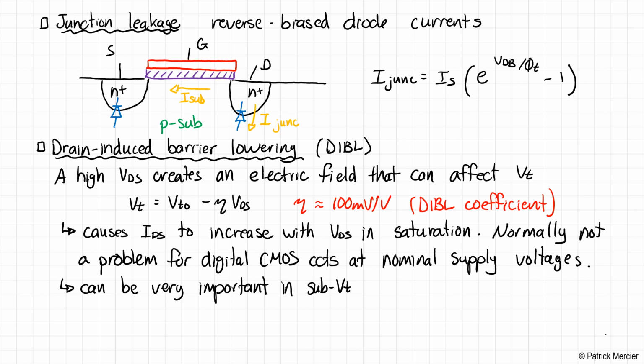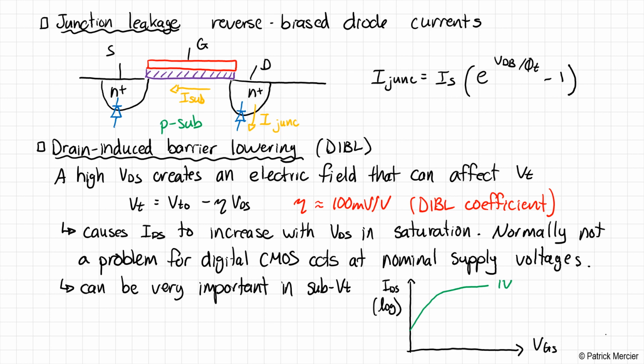If VDS in subthreshold changes, this will cause a change in the threshold voltage. Now, if you'll recall, subthreshold conduction is exponentially dependent on the threshold voltage. So if you could just draw a little quick plot here, I'm going to plot IDS in log scale versus VGS. And if, let's say the supply voltage is 2.5 volts, we get some sort of curve that looks like this. Rather, actually, let's do this at 1 volt.